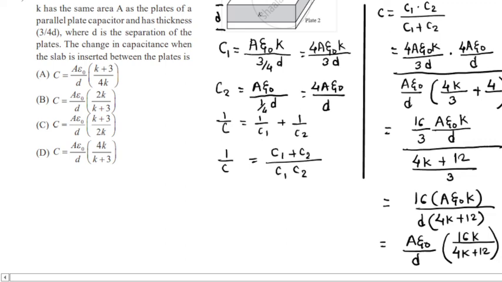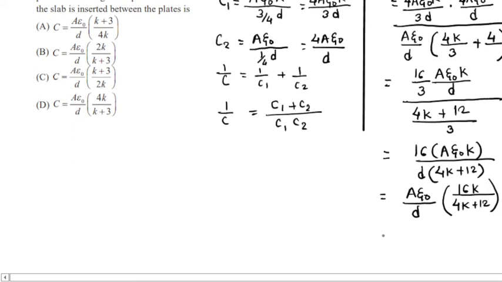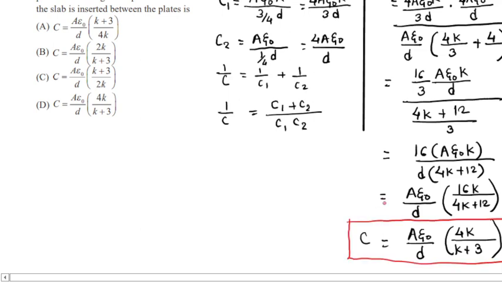Now we multiply and divide by 4, so we get A epsilon 0 upon D times 4K upon K plus 3. This is the value of the capacitance. Checking the answer, yes, option D is the right answer: A epsilon 0 upon D, 4K upon K plus 3.